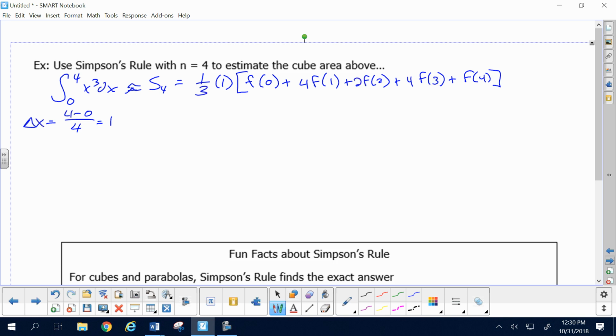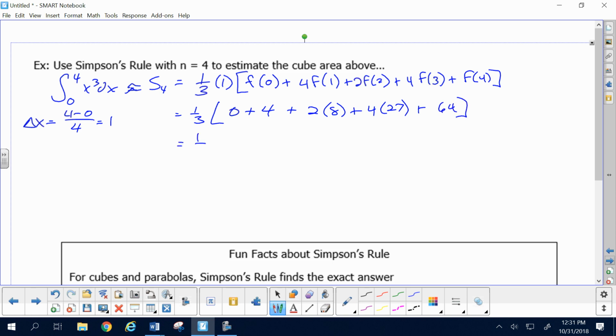Understood? Okay. So I got 1/3 of 0 cubed, 0, plus 4 times 1 cubed, plus 2 times 2 cubed, which is 16. 4 times 3 cubed is 4 times 27, and 4 times 4 cubed is 64.